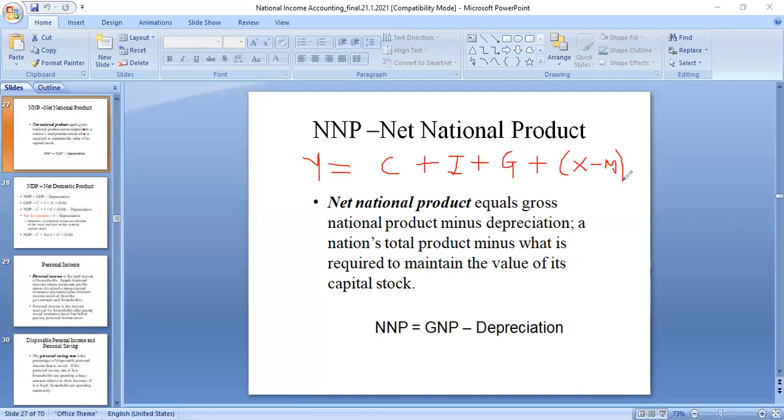So the depreciation is subtracted only from the investment.